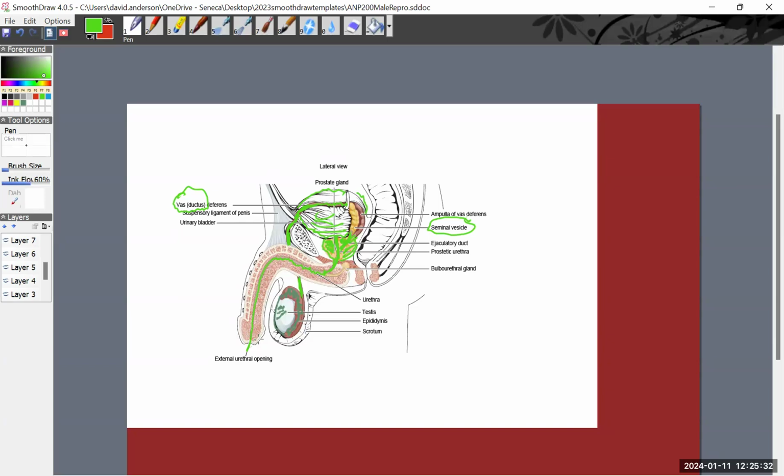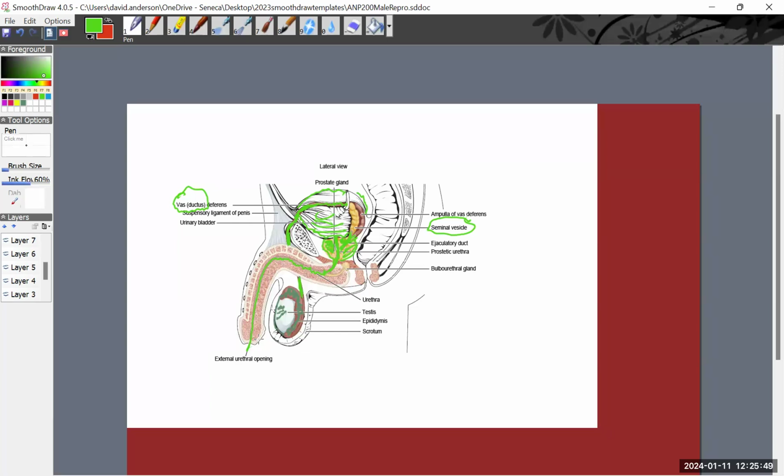So the urethra from the point of the prostate gland has a dual function, a function for the urinary system and a function for the male reproductive system. This is very different than what we're going to see in the female system.